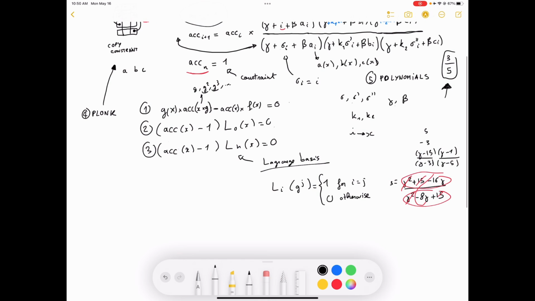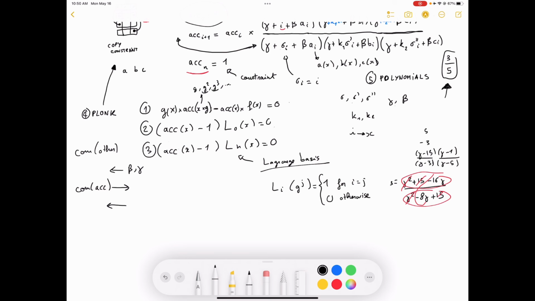So in our protocol, we're actually going to send the commitment to the accumulator to the verifier. Actually, before that, we'll send commitments of all the other stuff that is involved. The verifier will send us beta and gamma, so we can construct the accumulator.